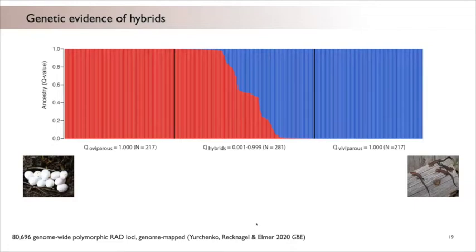I'm sure most people are familiar with these sort of plots: each bar is a different individual, and this represents the ancestry as opposed to one cluster or the other. You can see we have our very characteristic oviparous genome signature, we have our viviparous genome signature, and then we have intermediate variation between them.